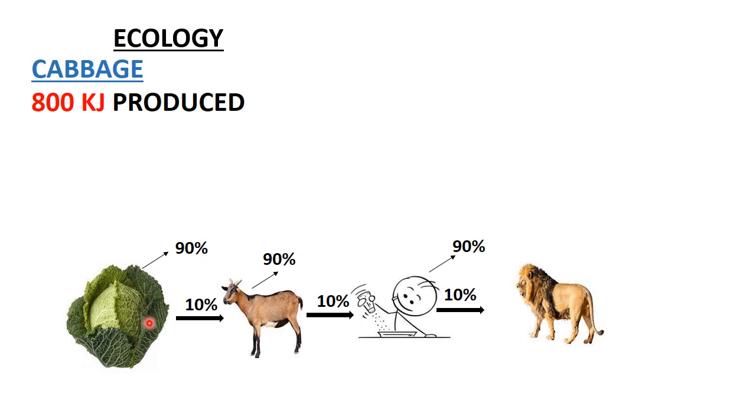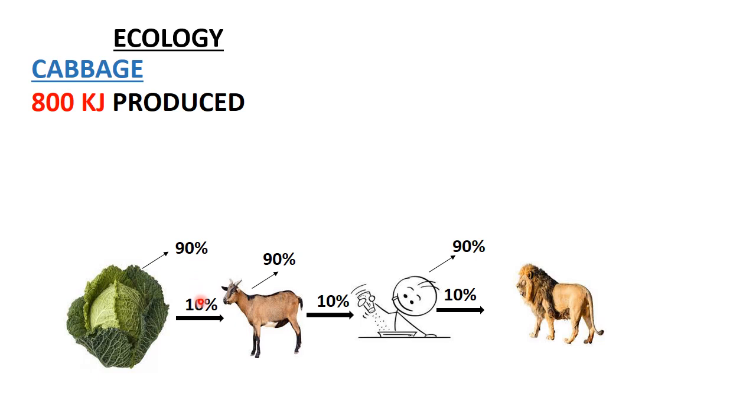So how much is the goat going to benefit from this? Only 10% is what the goat is going to get when this 800 kilojoules has been eaten. The 90% is going to be lost.